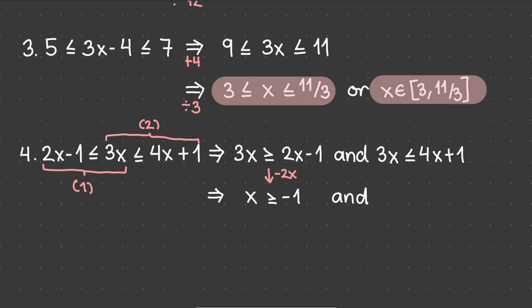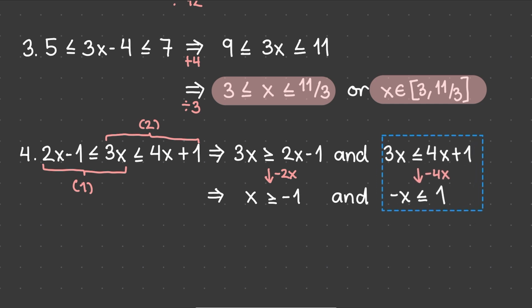On the other side, we move 4x to the left side, which is the same as subtracting 4x from both sides, and that will give us negative x less than or equal to 1. Finally, since we want x to be left out here and we still have a negative, we just multiply both sides by negative 1. Take note again, when we multiply by a negative value, we flip the sign. So we'll have x greater than or equal to negative 1.